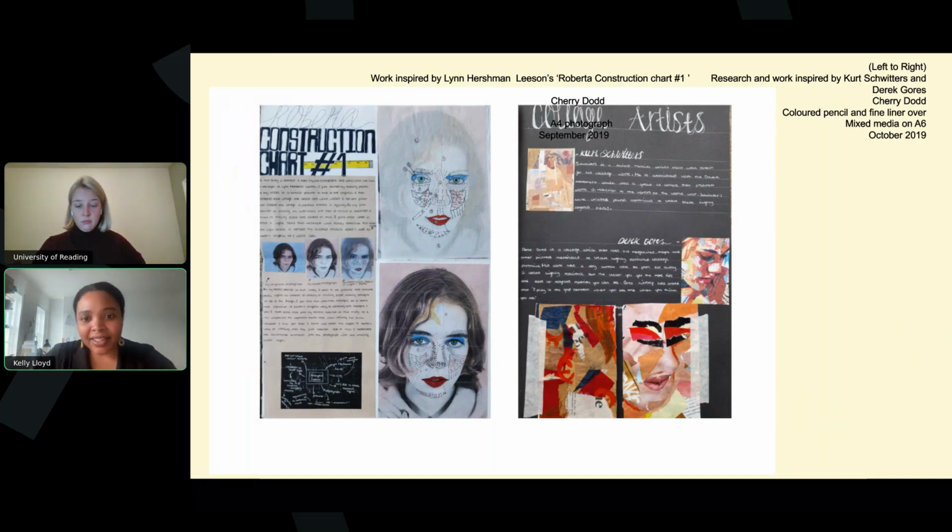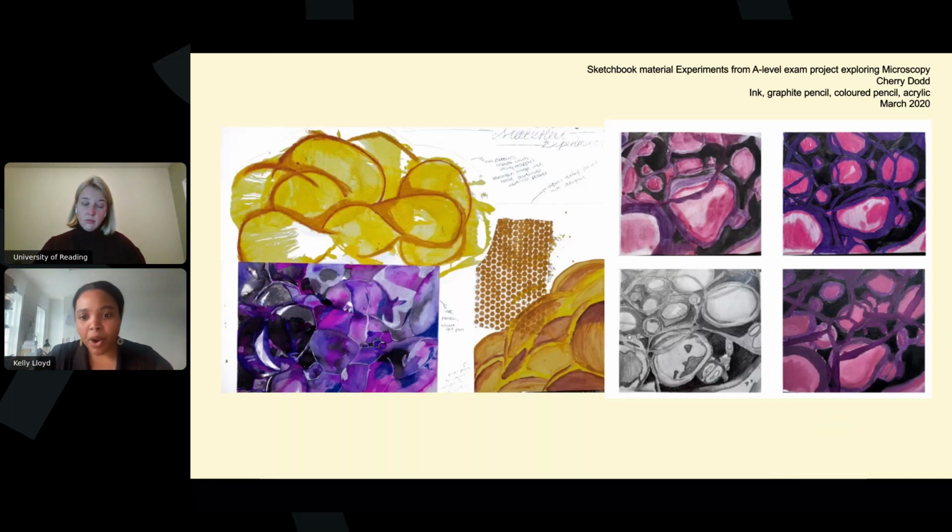So again, in the slide, you see different parts of Cherry's process in making the final image. You see her experimenting with different color tones, with monochrome, with black and white, and if you're looking to introduce more experimentation into your portfolio, this is a really good way to do it, right?